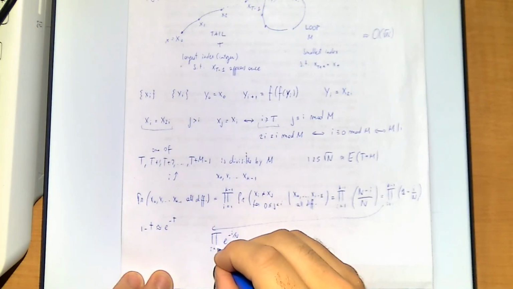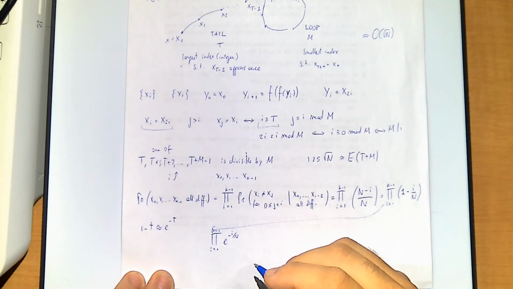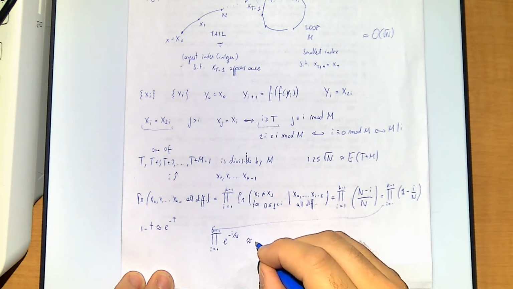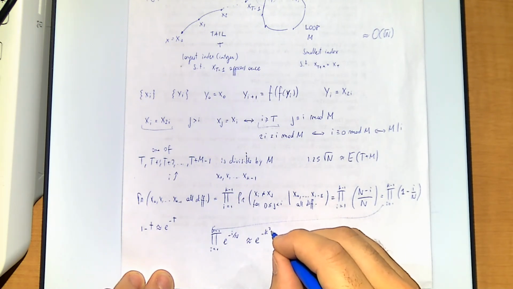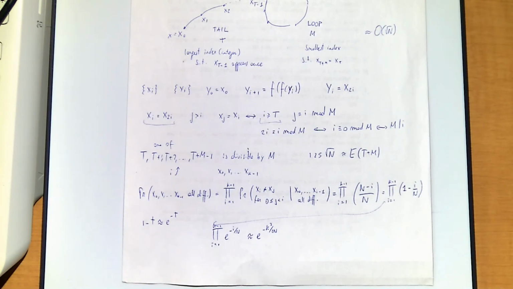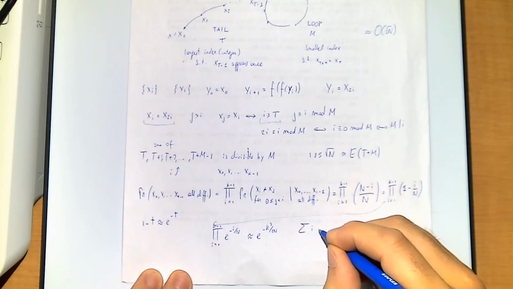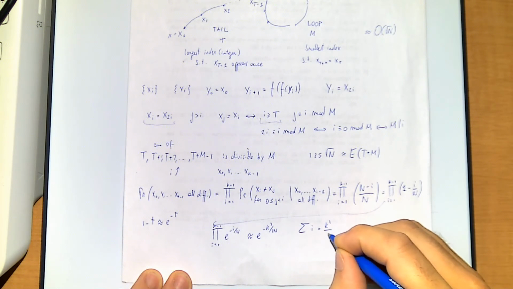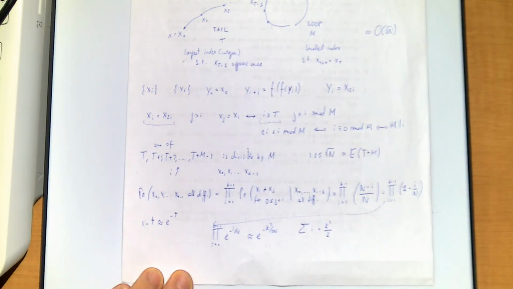And this is a more useful estimate because this is essentially approximately e to the minus k squared over 2n. Right? This is e to the minus 1 over n times e to the minus 2 over n. So it's minus 1, minus 2, minus 3, all the way, a summation at the top. And the summation is approximately k squared over 2. So there you go. Basically, we use the fact that the sum of i is equal to k squared over 2. It's a well-known summation.